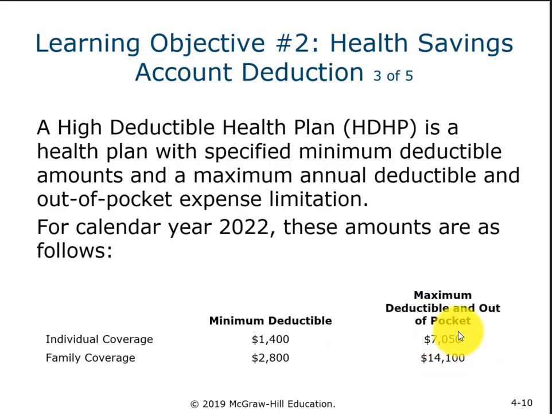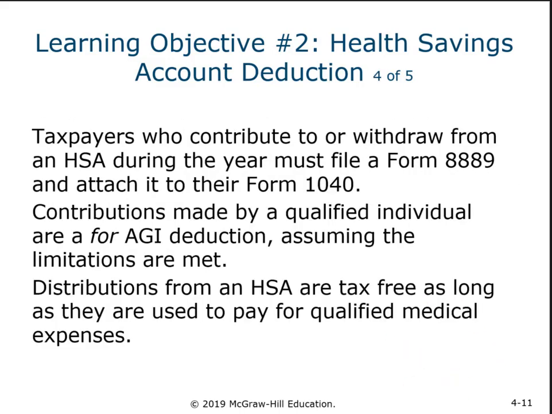Then that's allowed, and you would have this as for AGI. You just need to make sure that the amount you put in the health savings account has not already been subtracted off of the W-2 when you're preparing a tax return.